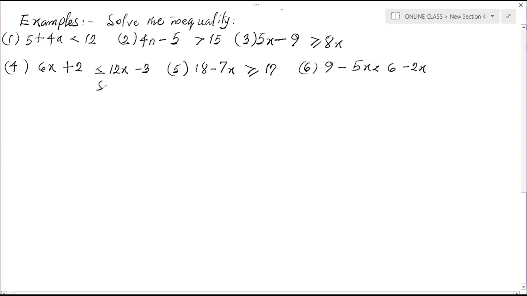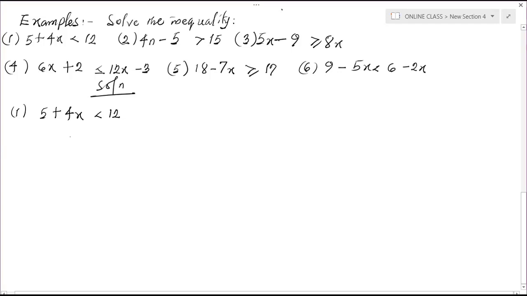Now, we want to solve. I will solve number 1 to 3, and you solve number 4 to 6. We solve it one by one. Number 1, we have 5 plus 4x is less than 12. We treat this like we are solving a linear equation, noting that we have our signs as usual.